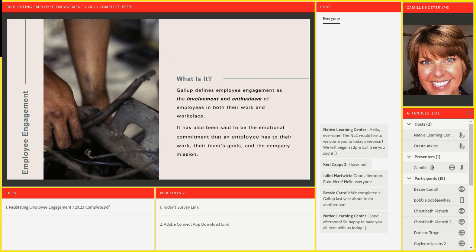So engaged employees really do believe, and they have their workplace needs met. So if you think about going to work every day, and the reason you want to go to work, and the reason that you're going and doing a job, you feel like your needs are met, that's really important to employees.